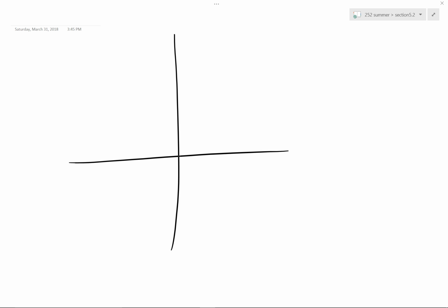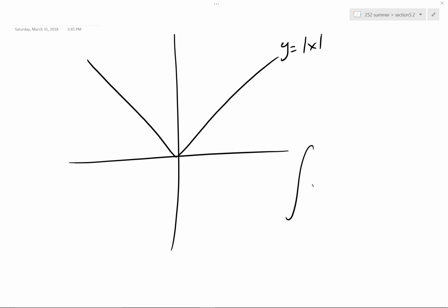Here's another one that freaks people out. Here's the absolute value of x. And they want you to find the integral of the absolute value of x from -2 to 3. Well, -2 is here. +3 is here. Okay. Well, these are two right triangles.